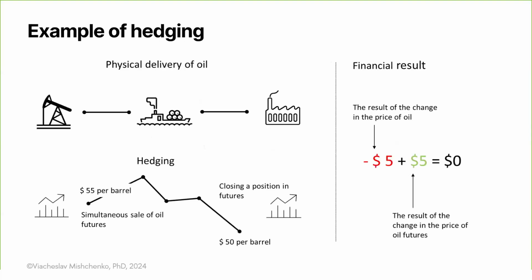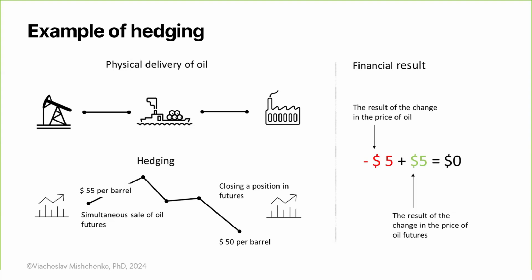So let us consider other examples of hedging. Let's walk through these kinds of examples. For example, we have a physical oil delivery at $50 per barrel, and we simultaneously sell an oil futures contract at $55 per barrel. Here, if the oil price drops to $50 at delivery, then we lose $5 on the physical delivery, but gain $5 on the futures contract.